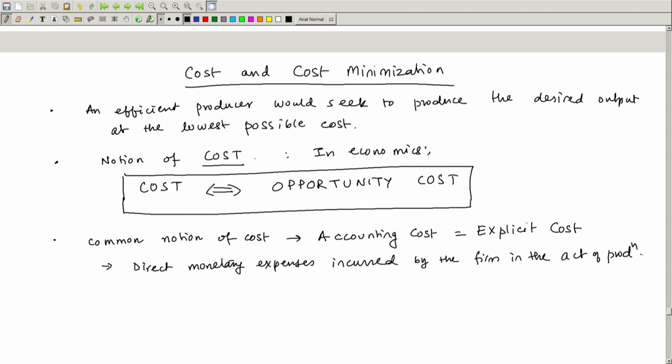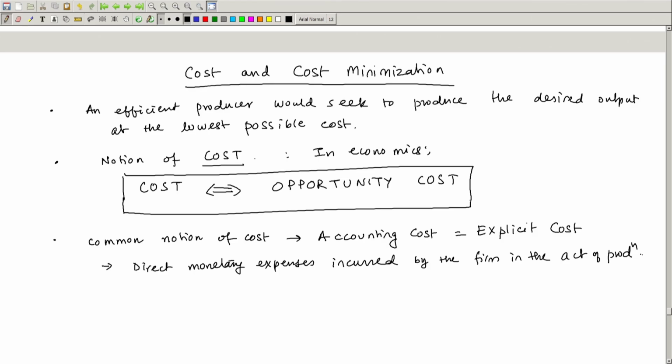right. So for example, you are operating a factory, you are employing some number of workers, you have to pay them a wage, so that is an expense that you are incurring. You are having some machines, so you have got to pay rent for the machines. You are operating it on a piece of land for which you have to pay a rent. You are consuming electricity, so the number of units times the per unit rate is your cost of electricity. You are using several other raw materials, so all of that incurs some cost.